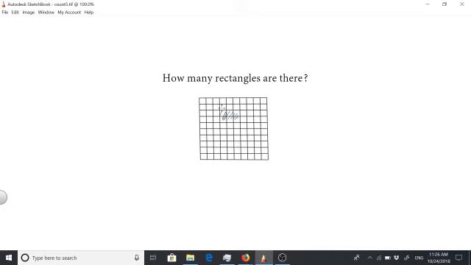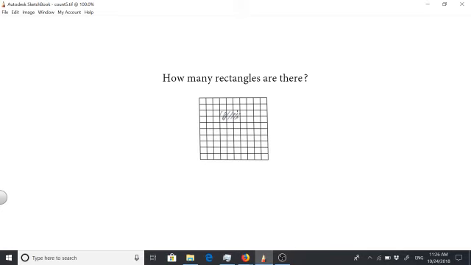There are various different sizes. So if you do counting by size, this looks very tough. Okay, so what is the idea? In this case, there's a little trick that one can use.